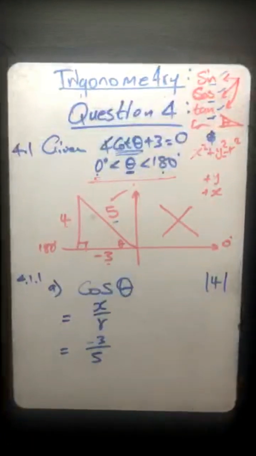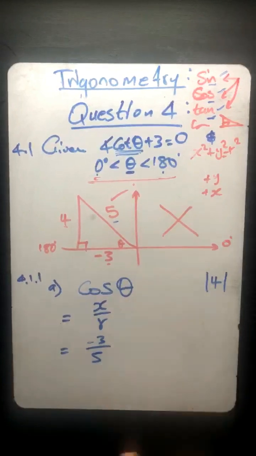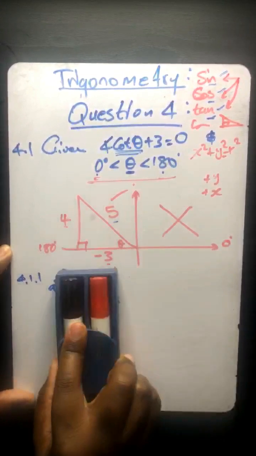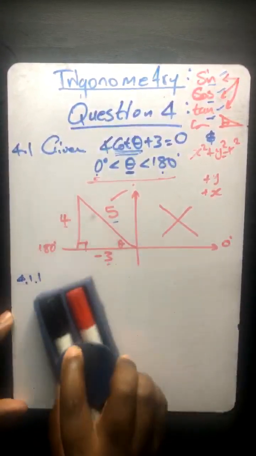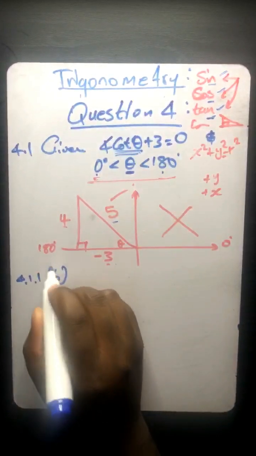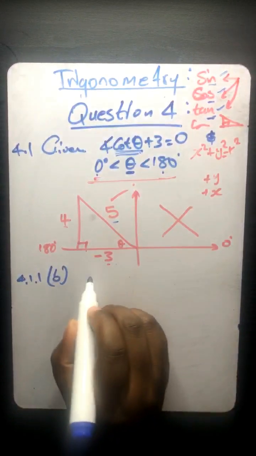Okay, 100%. So that's how you answer that question. It was an easy one, but now let's have a look at b. So you will realize how complicated this kind of question can be. Can you see this one?